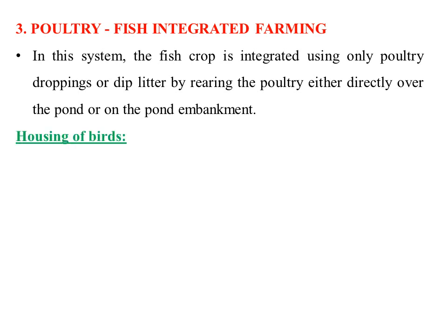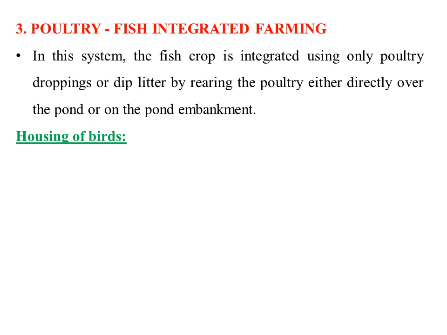By adopting this technology, the production of at least 3,500 to 4,000 kg of fishes can be obtained, and even 20,000 eggs and 1,250 kg of live chicken can be obtained from this technology.